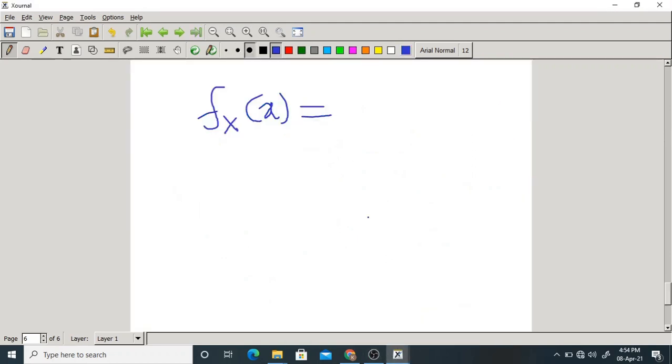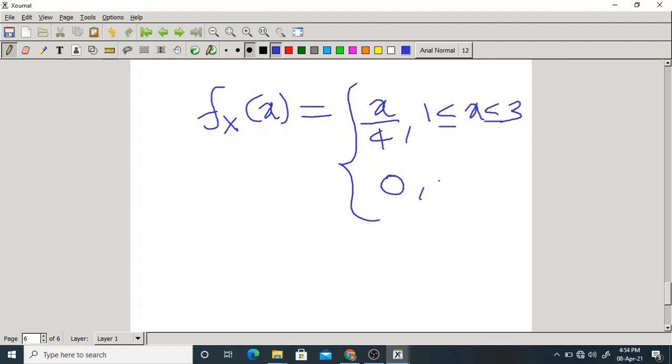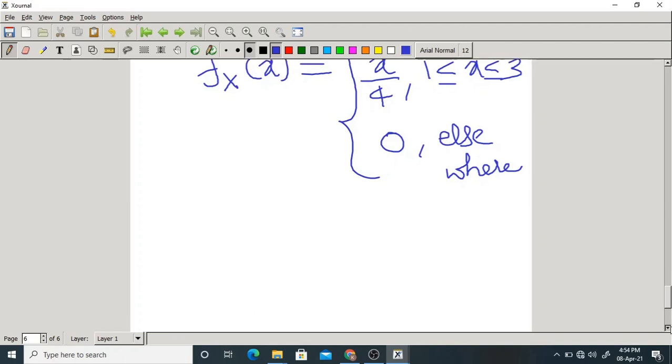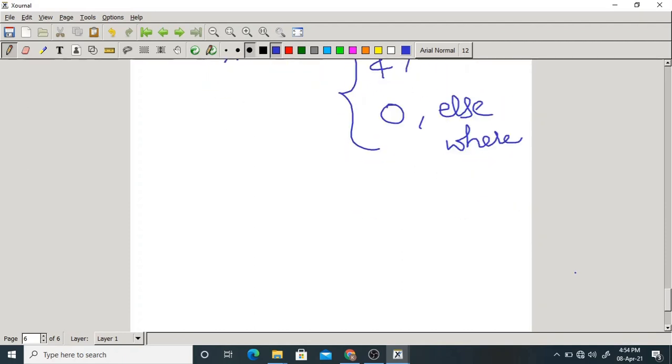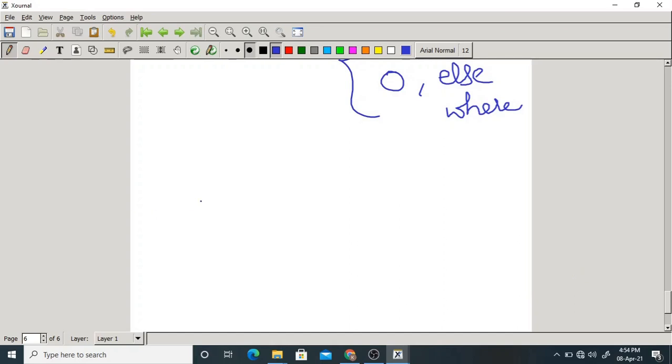Okay. Now the given problem is x by 4 if it is between 1 and 3, correct? 0 elsewhere. Now, how to find out? Find out the CDF.